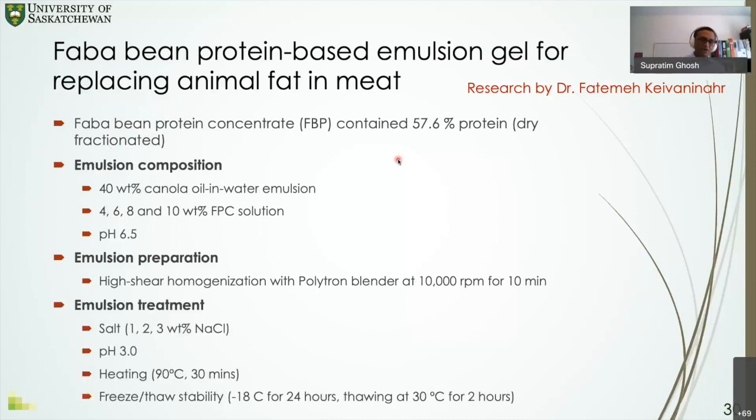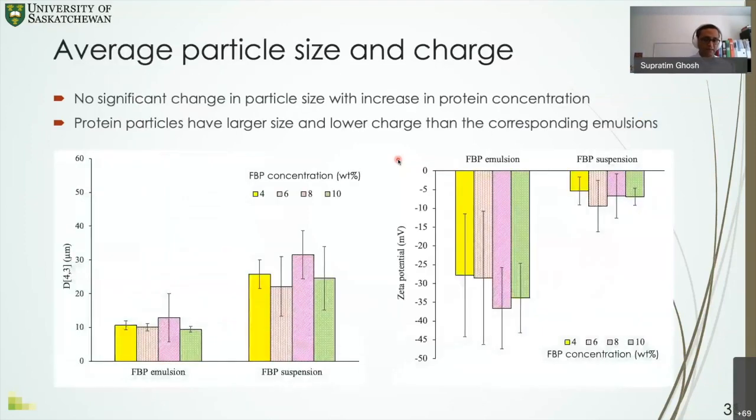And then, similar to the other research, we added various amounts of salt. We changed the pH, but I'm going to report only one pH here just for the time. And then we heated the emulsions, and also we tested their freeze-thaw stability. So you can see here that the droplet size didn't really change with protein concentration.